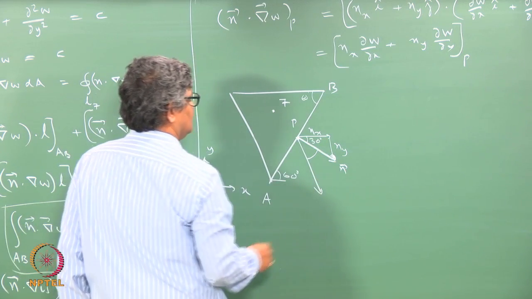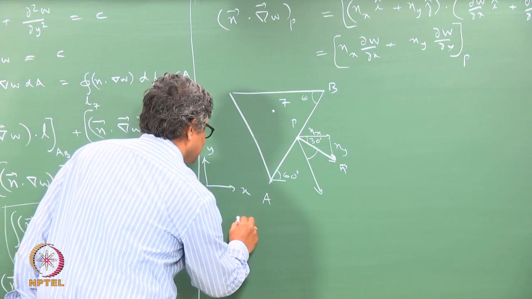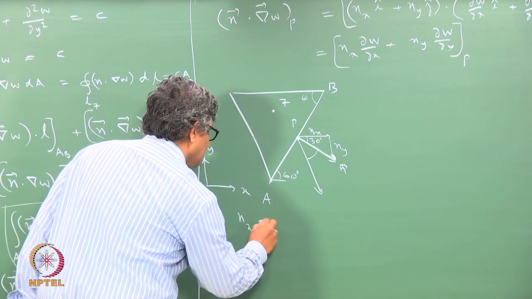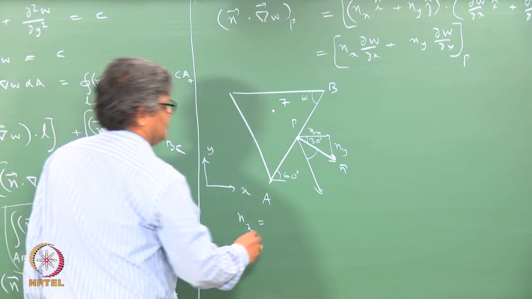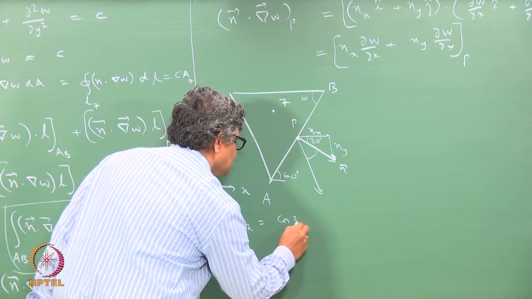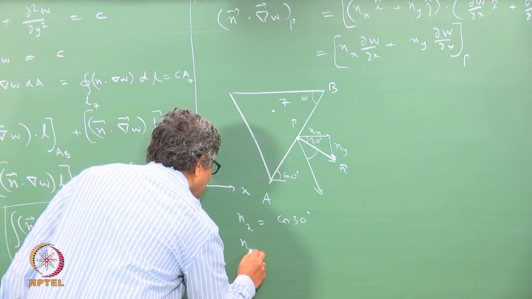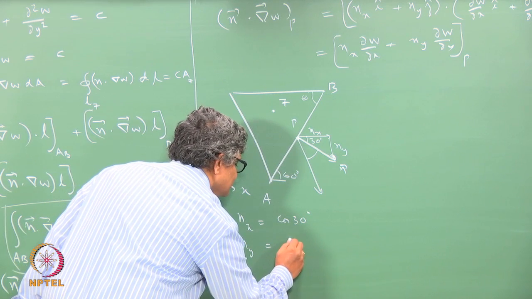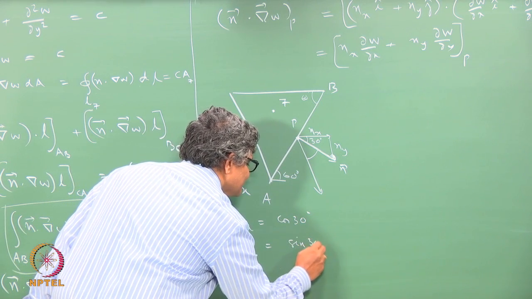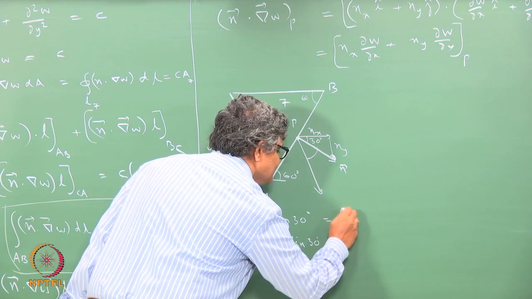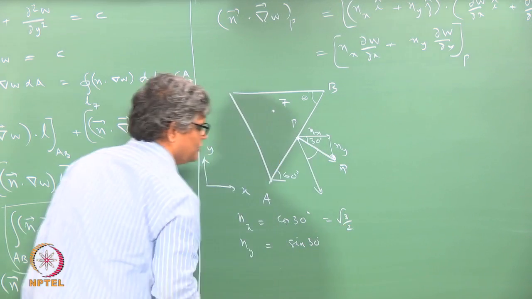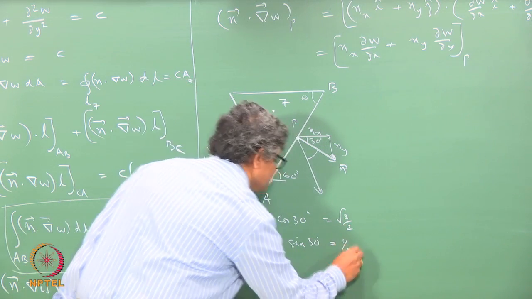So you can say that nx is cosine 30 degrees and ny is sine 30 degrees. So this is square root of 3 by 2 and this is equal to half.